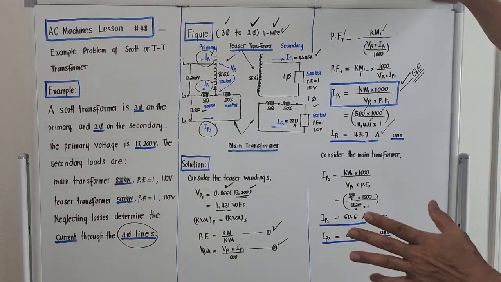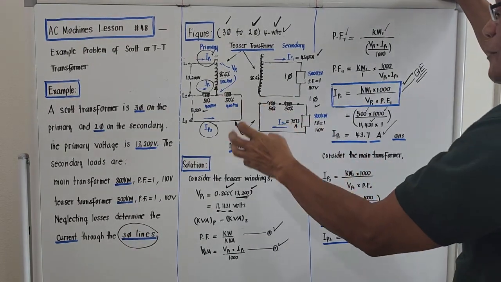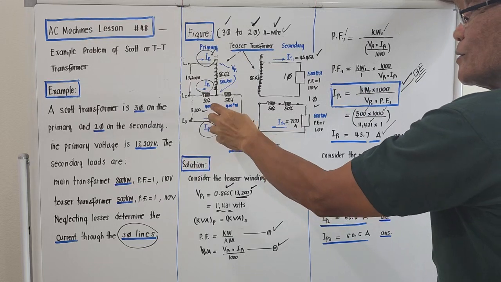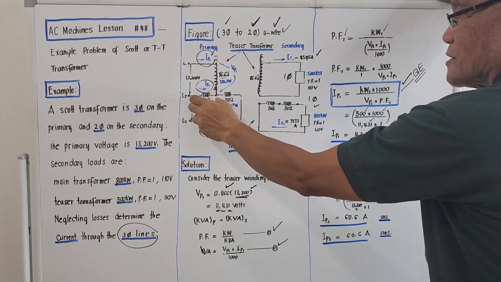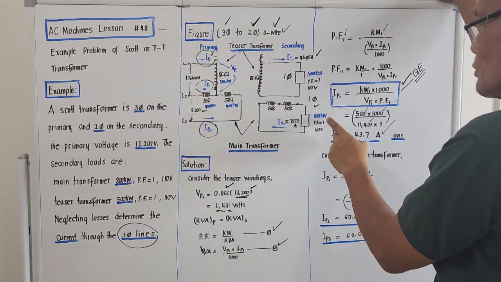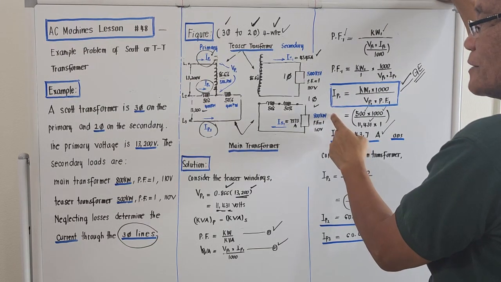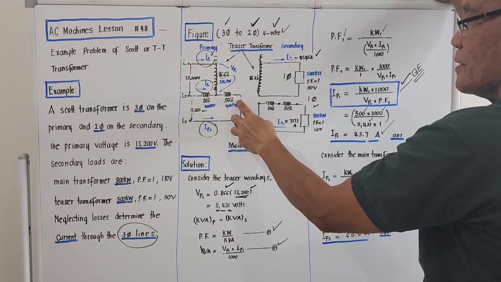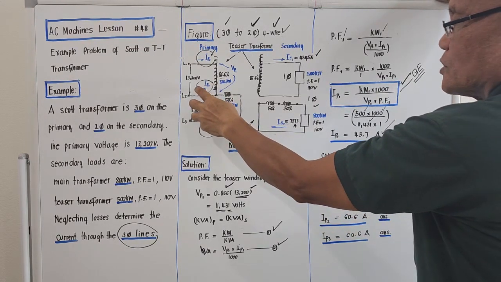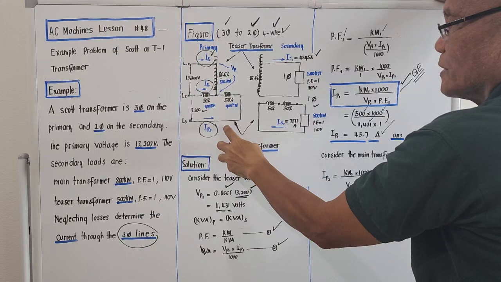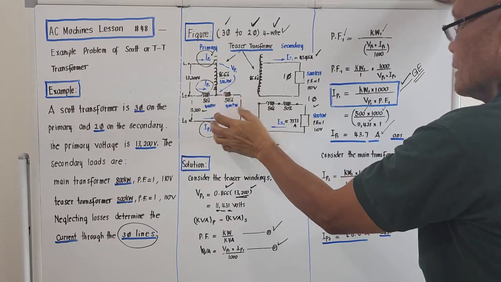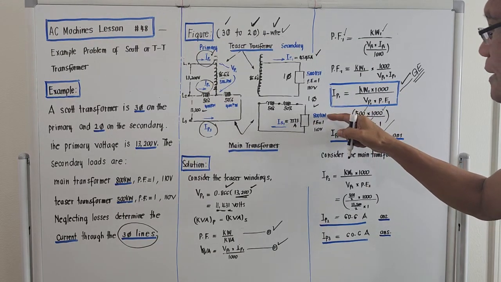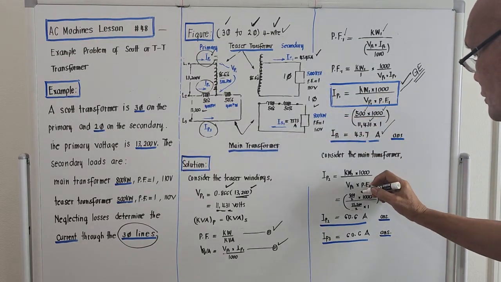If you notice, the tapping on the main transformer is actually 50%. So the current that will pass here will just carry the total load of 400 kilowatts, but this is 50% and 50%. So the current on this line here should be equal to this, so they will subdivide the load. So the total kilowatts will be the total load on the secondary, over 2.